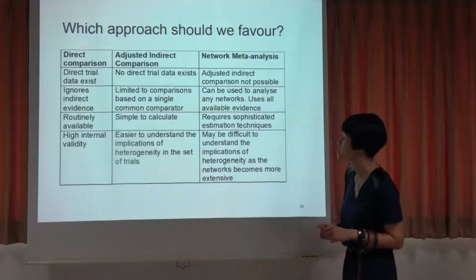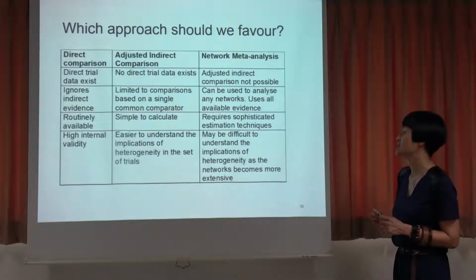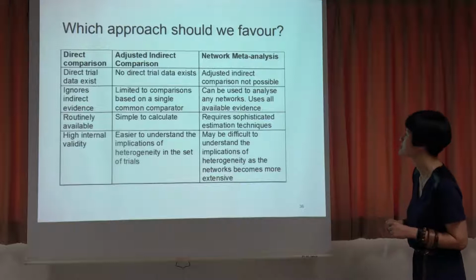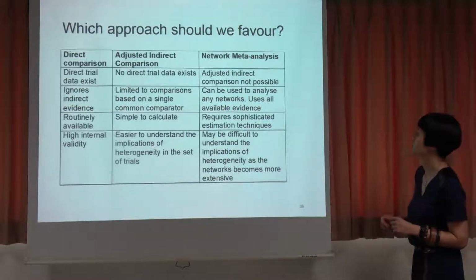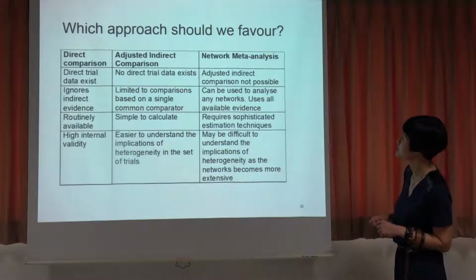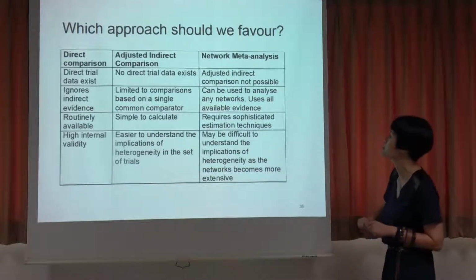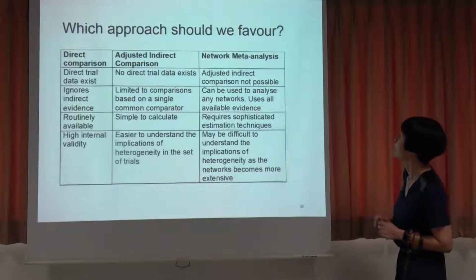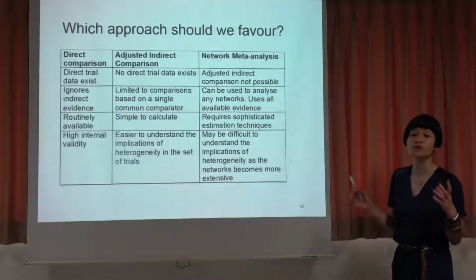It's relatively simple to calculate, and it's easier to understand the implications of heterogeneity in the set of trials for adjusted indirect comparison. Network meta-analysis is used when adjusted indirect comparison is not possible on its own. It can be used to analyze any networks, and it uses all available evidence.